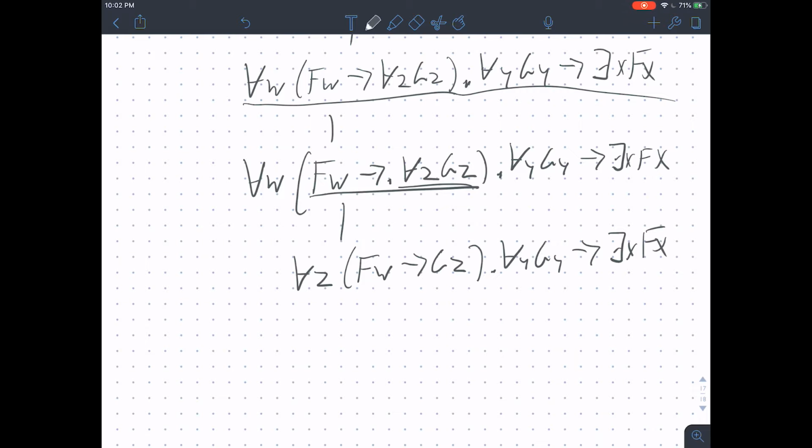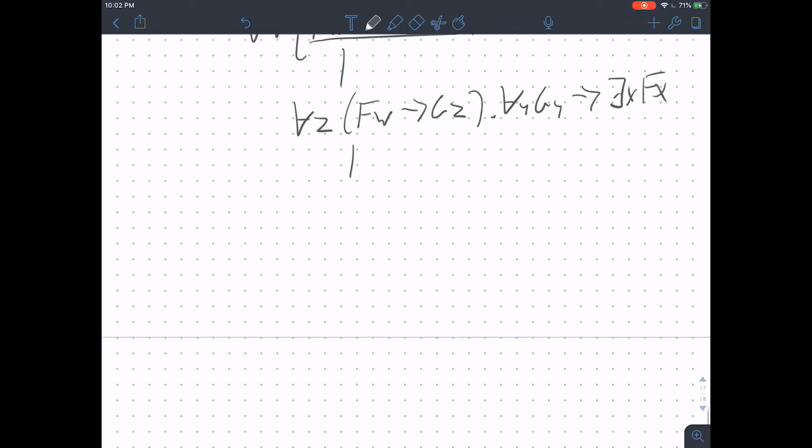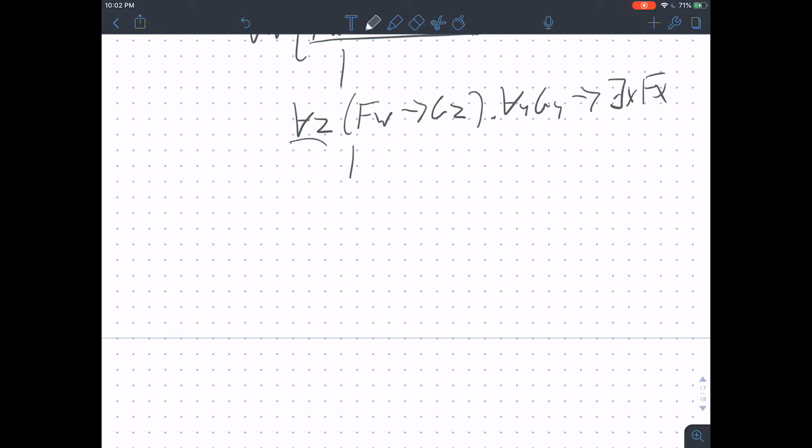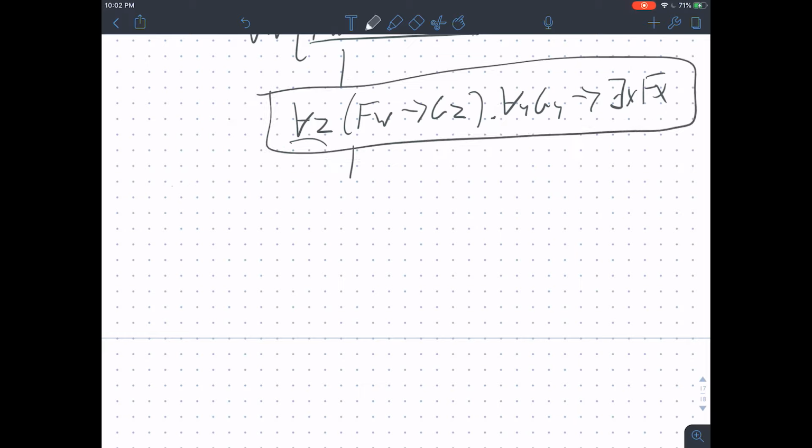Okay. Then again, from the perspective of this quantifier, the whole schema has the form... oops.